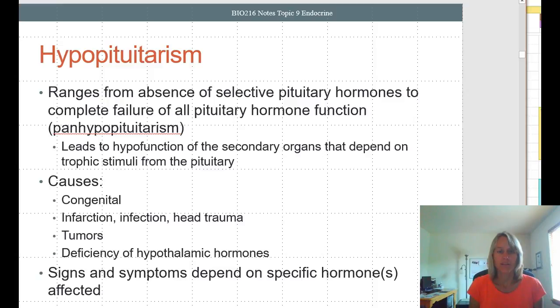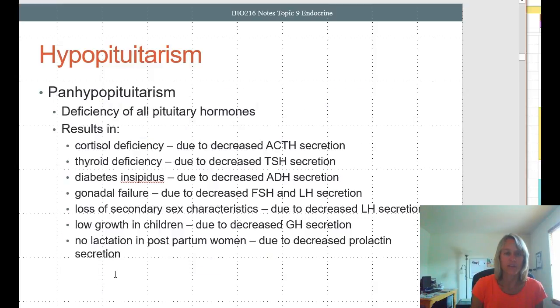And this is going to lead to hypofunction of the secondary organs that depend on that tropic stimulus from the anterior pituitary. It could be caused by congenital disorders, tissue infarction or infection, head trauma, tumors, or a deficiency of hypothalamic hormones. The signs and symptoms are going to depend on the specific hormones that are affected.